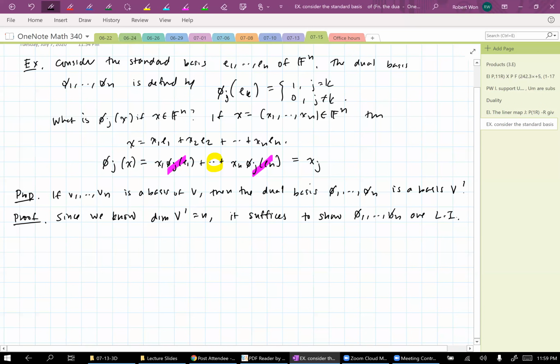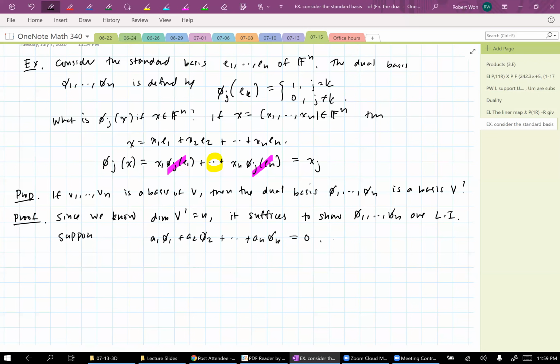How do you show that a set of vectors is linearly independent? You suppose that you have a linear combination which equals 0, and you show that it's a trivial linear combination. So let's suppose that a1 phi 1 plus a2 phi 2 through an phi n is 0. But where is this linear combination happening?